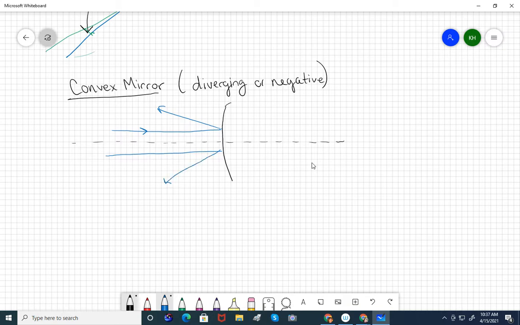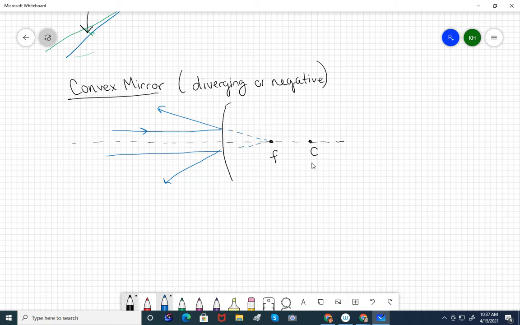Well, the radius, the center of curvature, is going to be over here for this mirror. That means the focal point is also over here. And what in fact happens is these reflect away as if they came from the focal point.